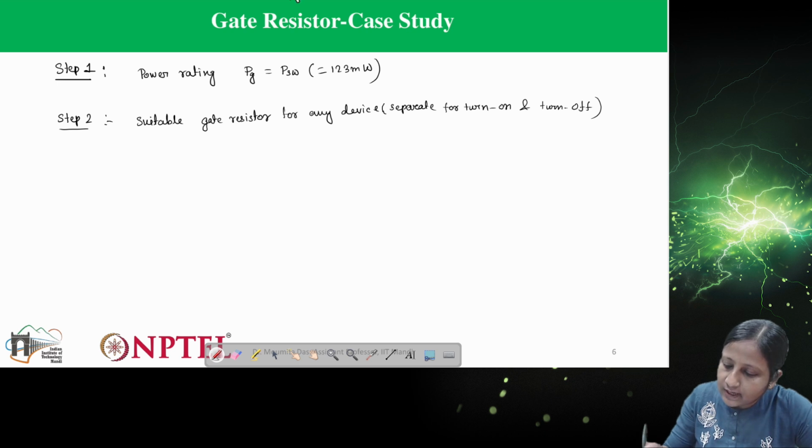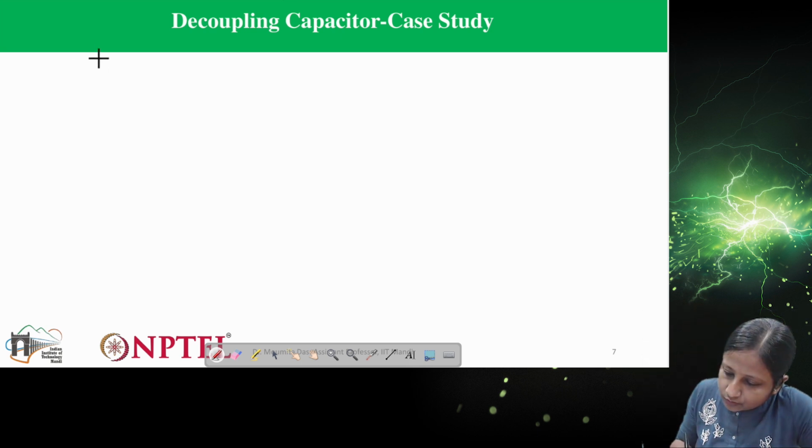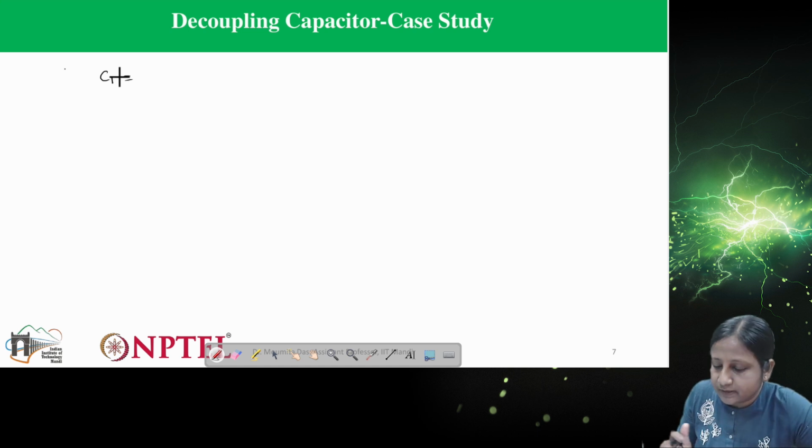Now the last component which we need to consider is the decoupling capacitor. Already you know why we need the decoupling capacitor. If we have to select its value, we have to select the capacitance value. There are two different capacitances, C1 and C2, that I have already discussed.